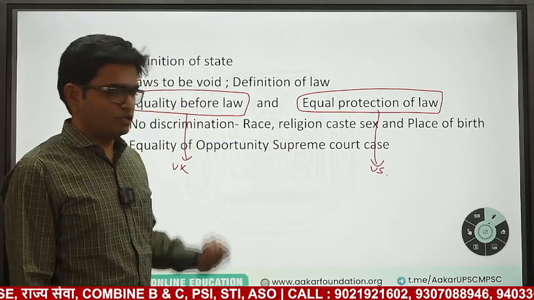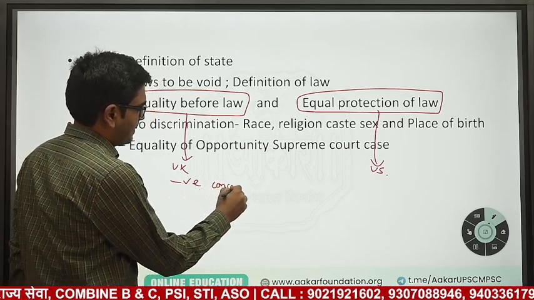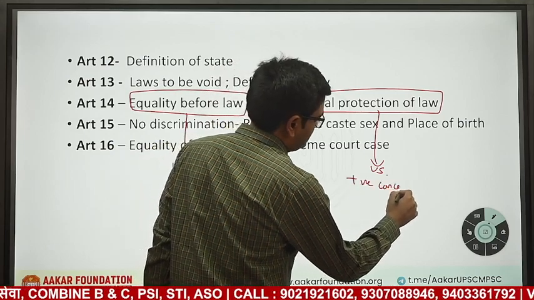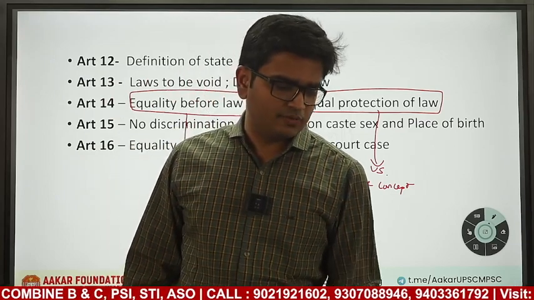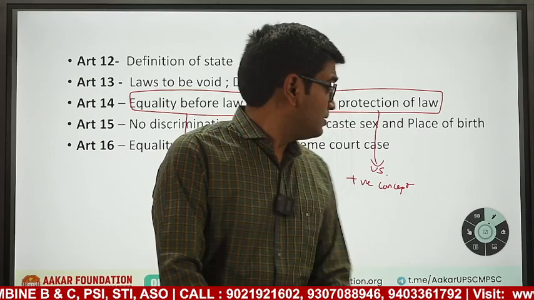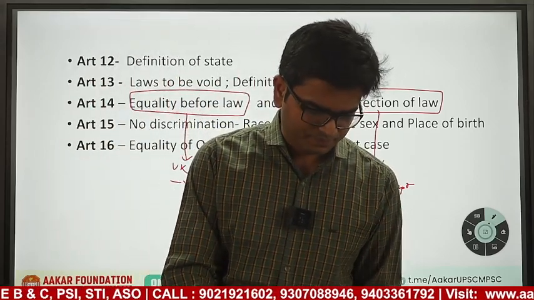So this is a negative concept, everyone is equal, and this is a positive concept. That one we have got from US, and equality before law we have managed from UK.